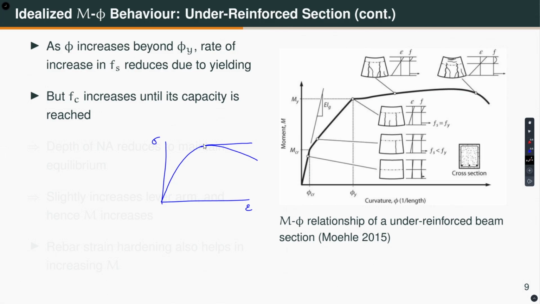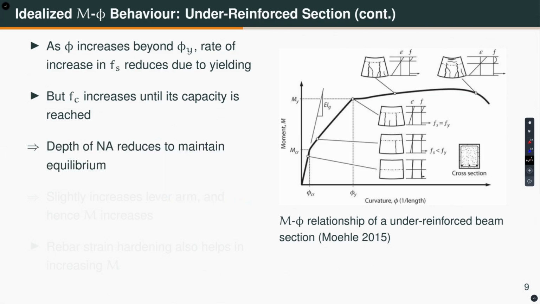Okay. So then what will happen? The depth of the neutral axis has to reduce to maintain equilibrium. So beyond this point, the depth of the neutral axis will reduce because concrete is taking more compression as it is reaching its strength. The neutral axis depth reduces and the entire tension concrete gets cracked, right?